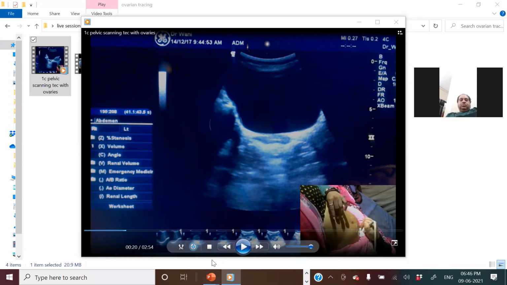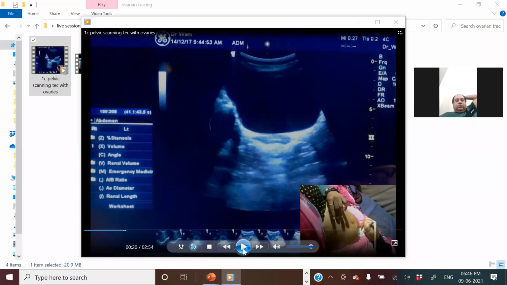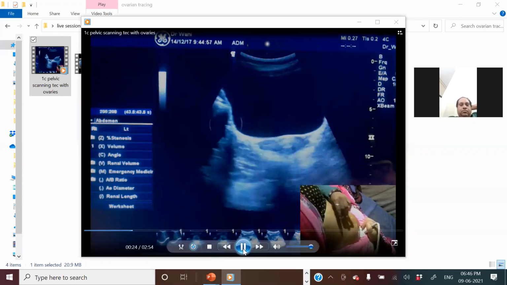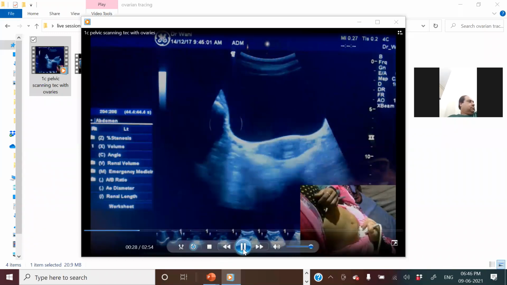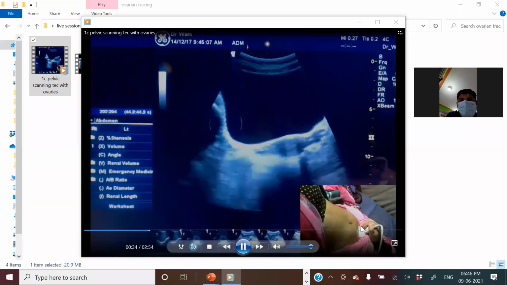Now, coming to the question: how to locate an ovary if it is not in the position where I am expecting it. First see how the ovary looks on a real patient. Now I am showing you real patients here. What else do you want? When scanning, first we start from the mid.